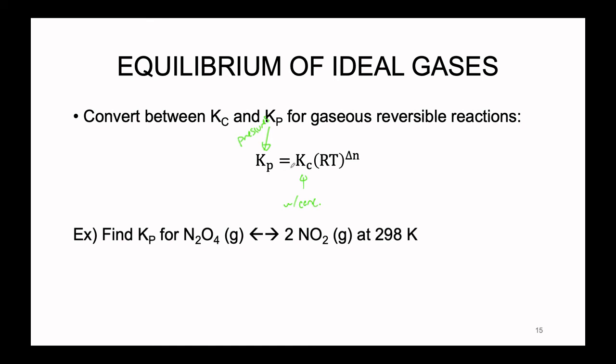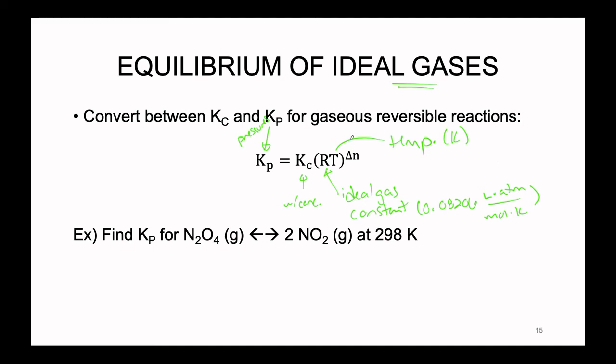The way we convert between these two is by taking into account mathematically the ideal gas constant, R, and your temperature, which has to be in units of Kelvin. The ideal gas constant in this form, since we are working with the ideal gas law equation, is 0.08206 liters atmospheres per mole Kelvin.